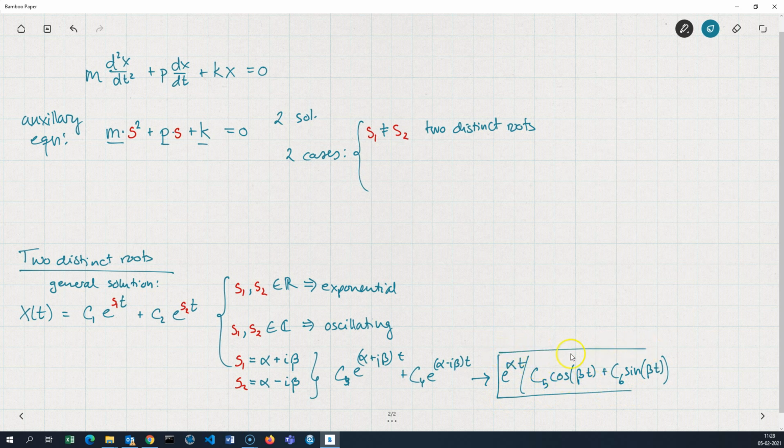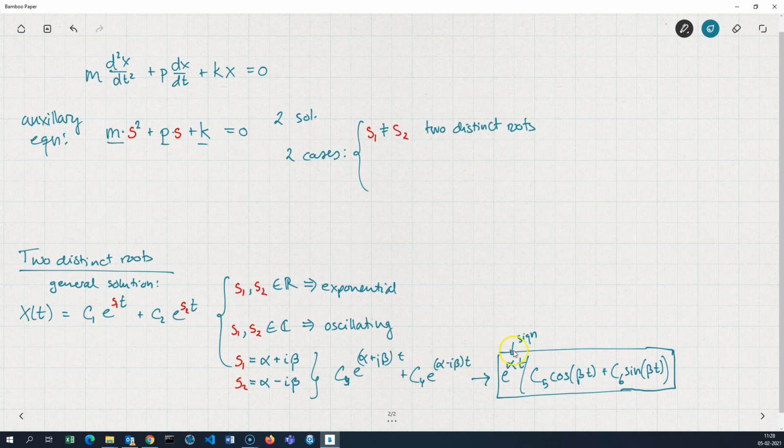So this is certainly a solution which oscillates. We know that cosine and sine are oscillating functions. And then we also have an amplitude here which changes exponentially. It might be growing or decaying. That depends on the sign of this alpha, which is the real part of the solutions here to the auxiliary equation.